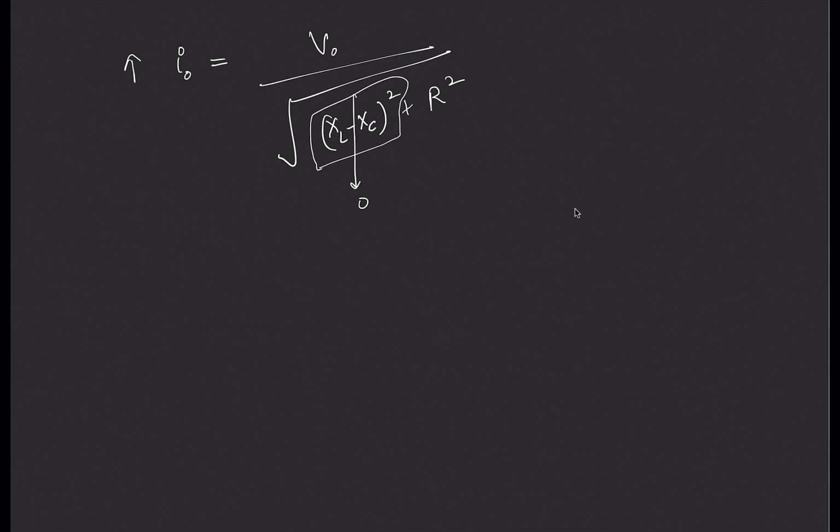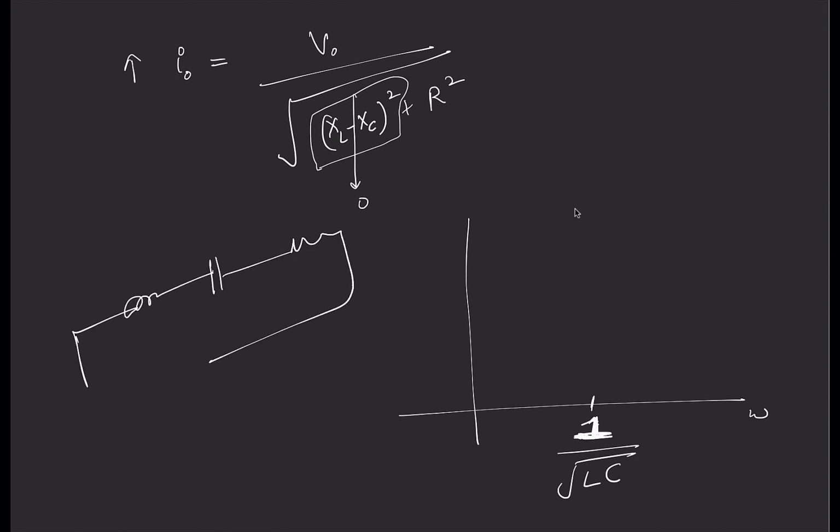And we can see how I naught, the peak value of the current, changes if we change the value of frequency omega. This is the resonance frequency, which is 1 upon root LC. Let's say we have a circuit like this, and this value is the instantaneous current, and this value is the peak current I naught.